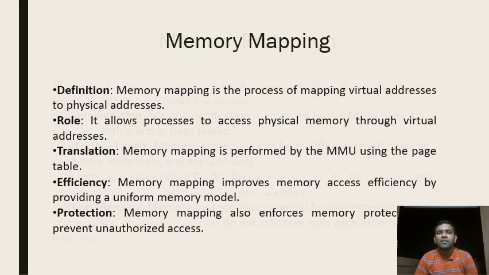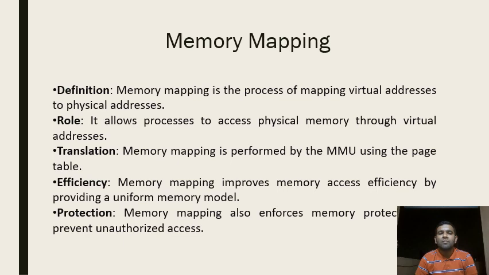Next, let us look at memory mapping. What is memory mapping? It is defined as the process of mapping virtual addresses to physical addresses. The role of memory mapping is that it allows processes to access physical memory through virtual addresses.